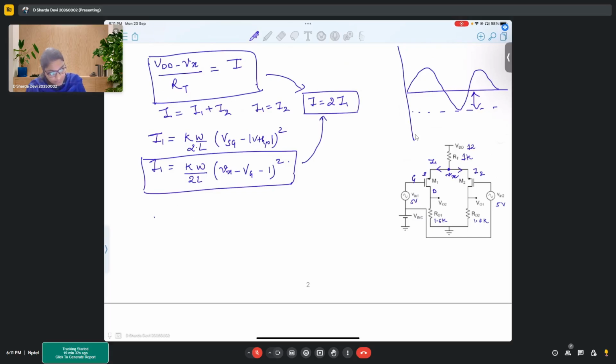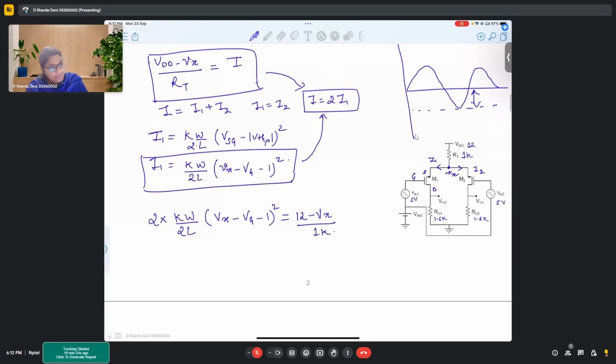So we have 2 times kW by 2L times (Vx minus Vg minus 1) whole square equal to VDD, which we know is 12, so I'm writing 12 directly, minus Vx upon 1k.